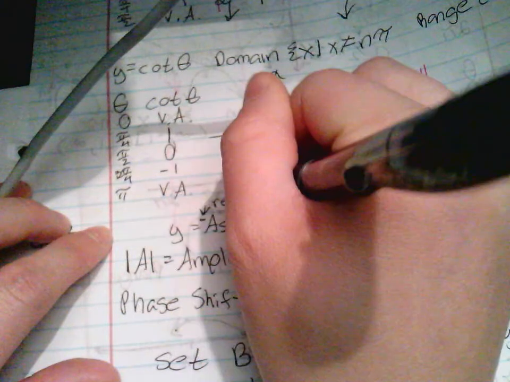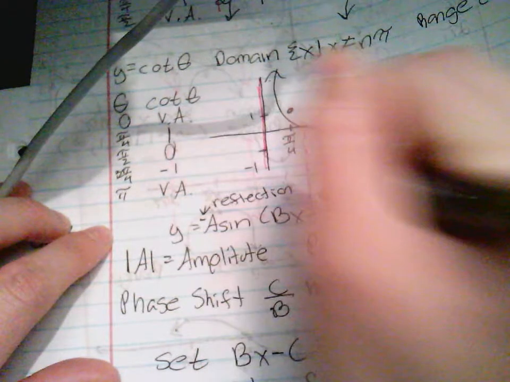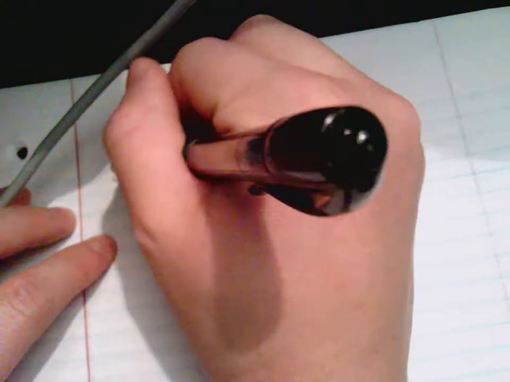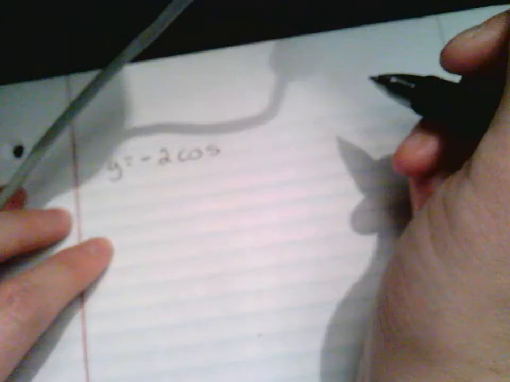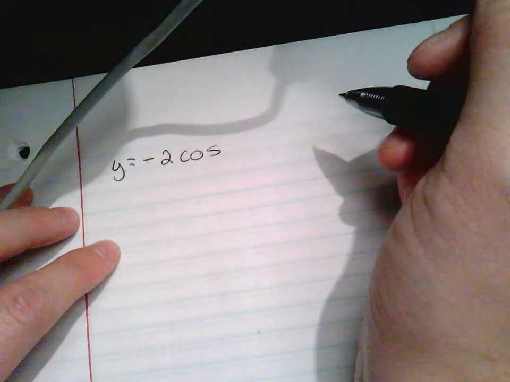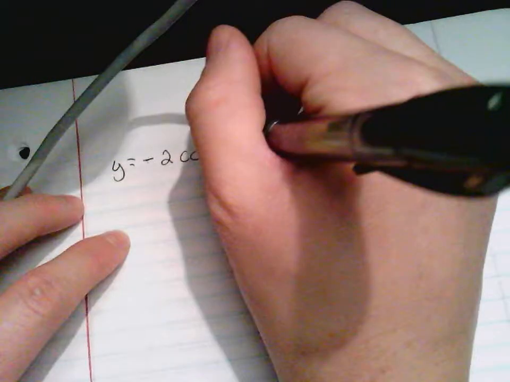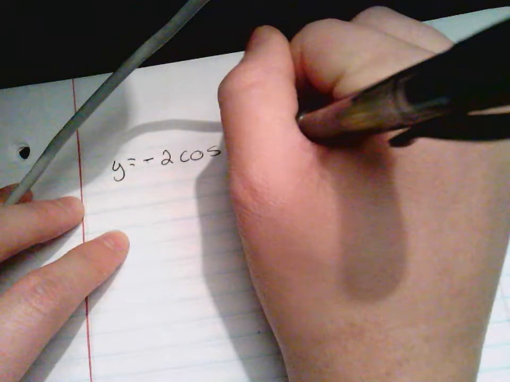Okay, so this is a reflection over the x-axis. So let's do y equals -2 cosine of, let's do 3x. Okay? Don't worry, I will explain to you how to check this in your calculator as well.